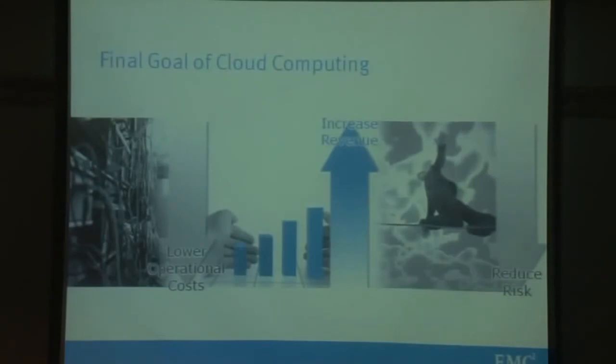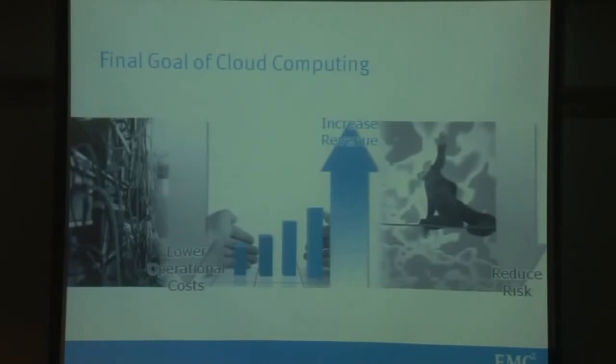As companies are moving towards cloud, one of the major reasons is the lower operational cost. Running your applications in cloud is much cheaper than having them in a classic data center where you have to buy your own hardware and software. But there is a chance of increased risk in moving to cloud.